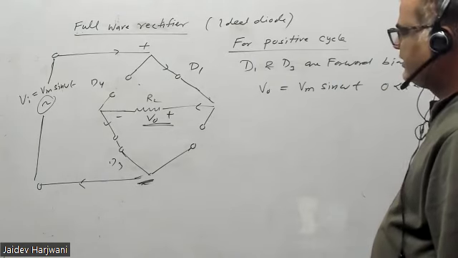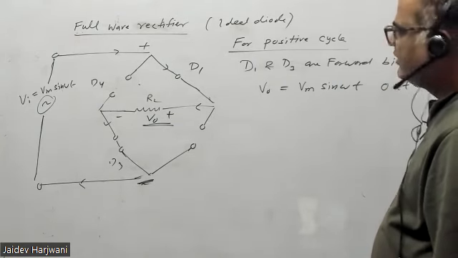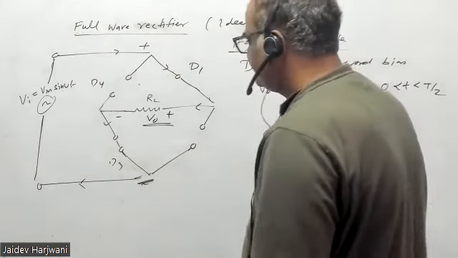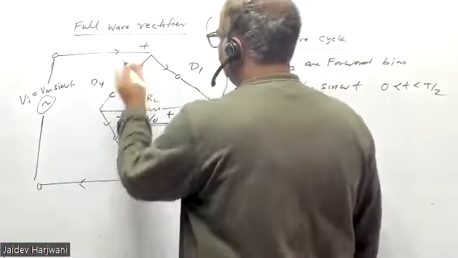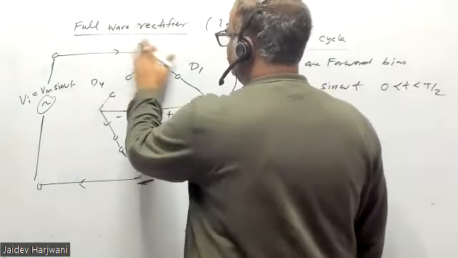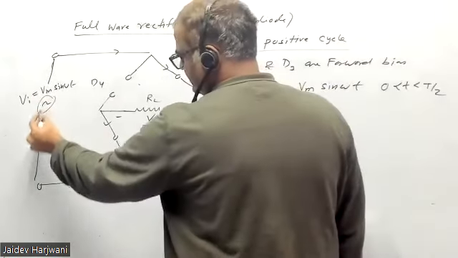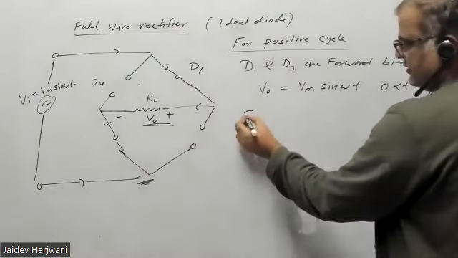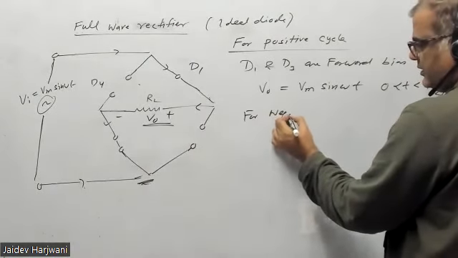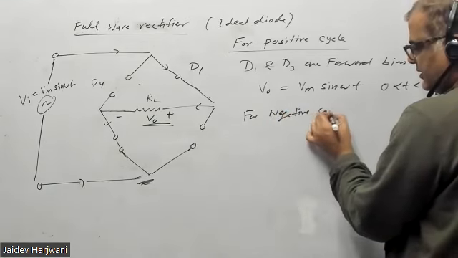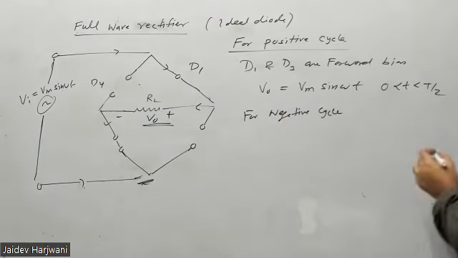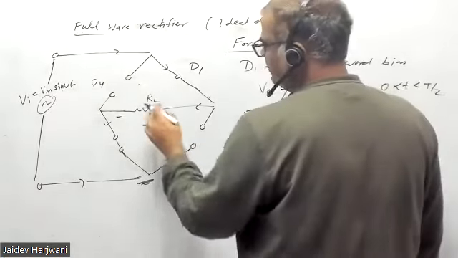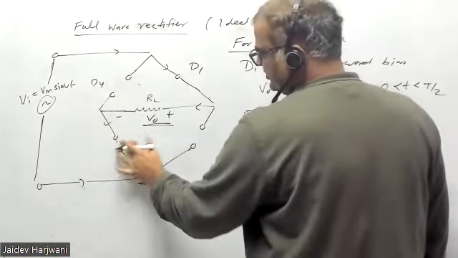Okay, clear? Now I am putting the next period. Next period, my current is coming how? Tell me. My current is coming now from this side, for negative cycle. Now negative cycle, which diode is forward? This is the open circuit.